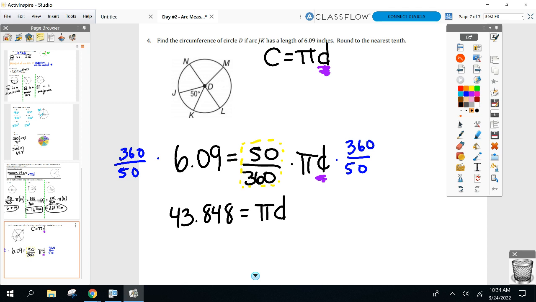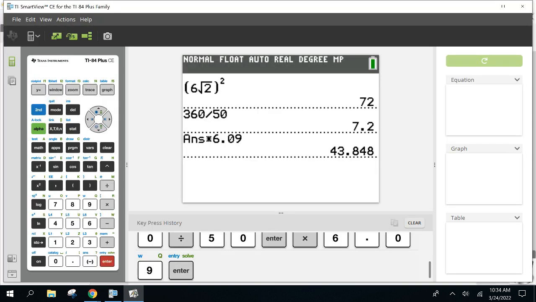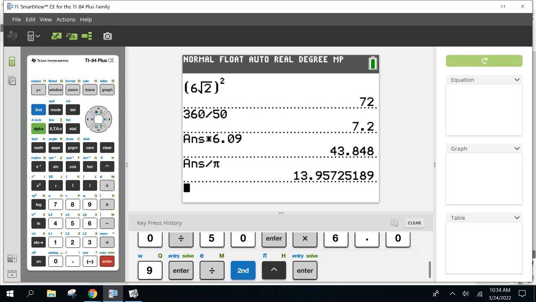I still need D, but D's not by itself yet. What do you suggest I do with the pi? Divide by pi? I don't know if anybody's seen anything yet, but I'll talk about it at the end of the problem. Just keep going. So I divide both sides by pi, and I get that.